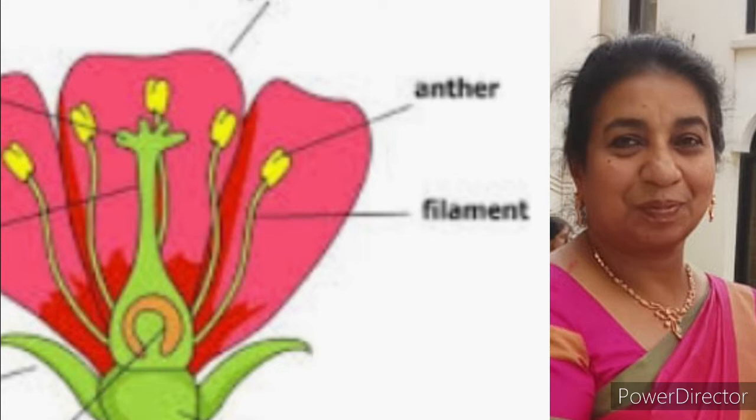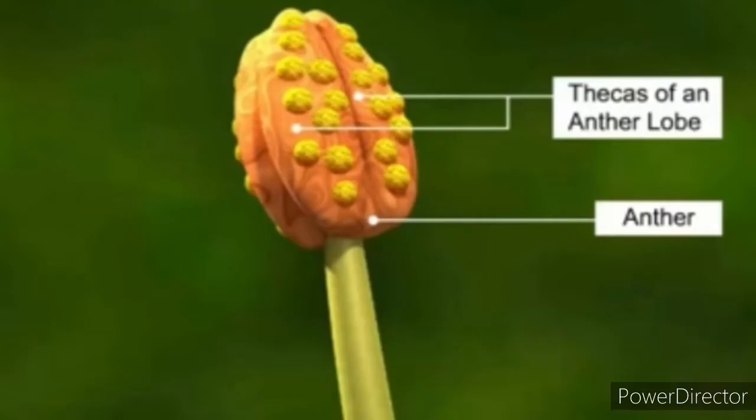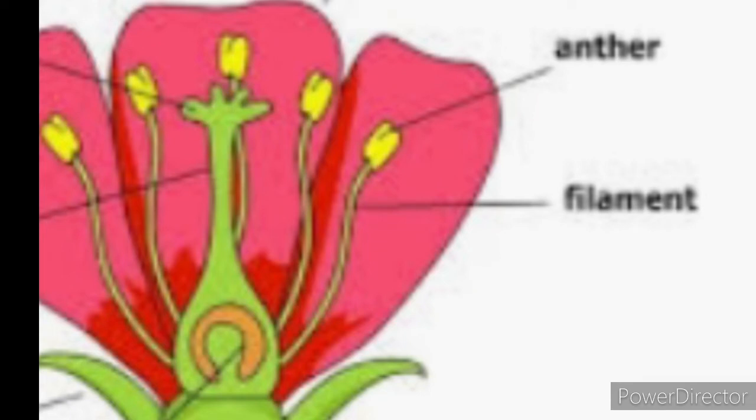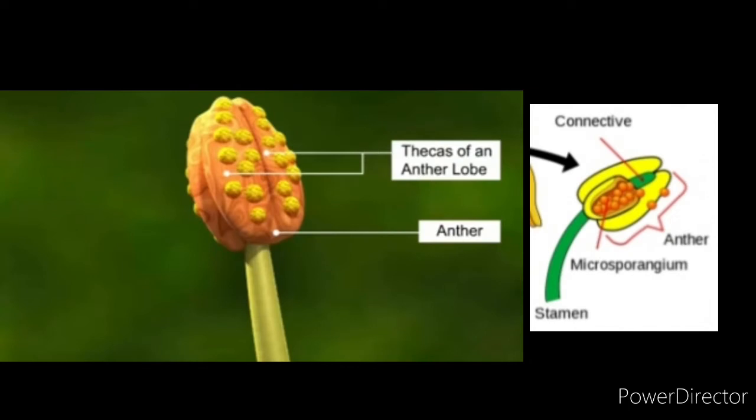The stamen has a long, narrow, slender, thin stalk called filament, and the tip region contains a bilobed anther. So the stamen contains two parts, filament and anther. The bilobed anther is dithecous, made up of two halves connected by connective tissue.